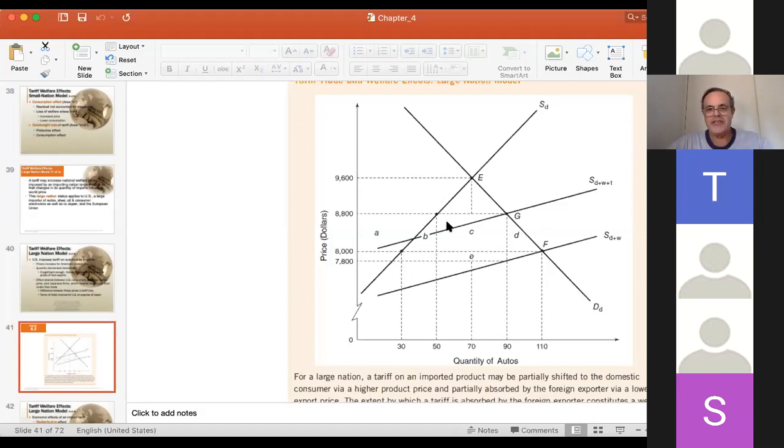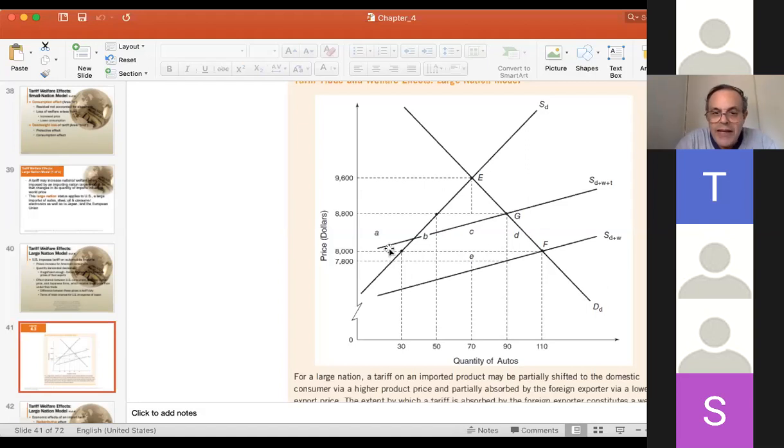Because remember, the foreign producer is going to take a cut in the price to avoid the tariff from destroying the demand for its product. So the foreign producer is willing to take a cut in the price, and as a result, the foreign producer will contribute to the payment of the tariff. Now, what will be the burden of the tariff? In other words, how much of the tariff will the consumer pay? How much of the tariff will the foreign producer pay? All of that will depend on the elasticity of demand and supply.